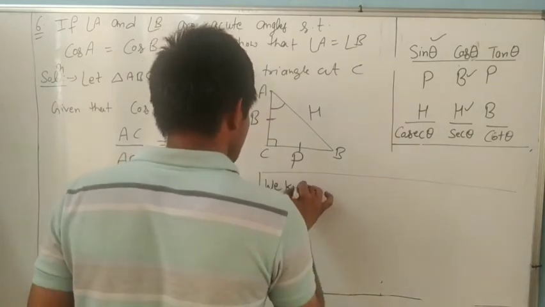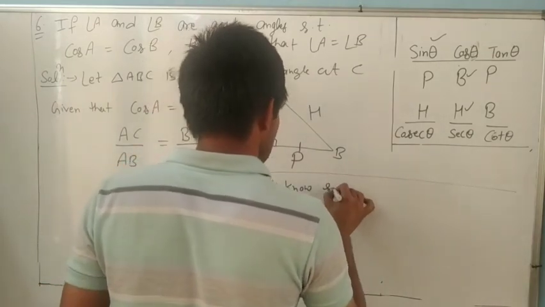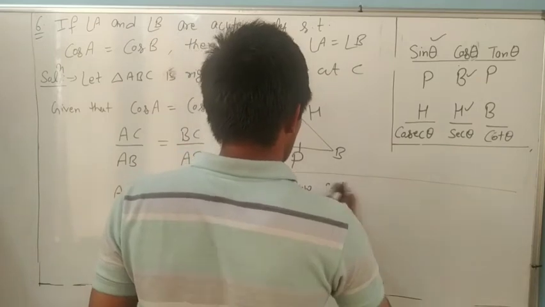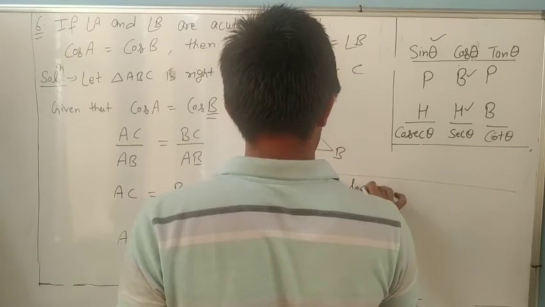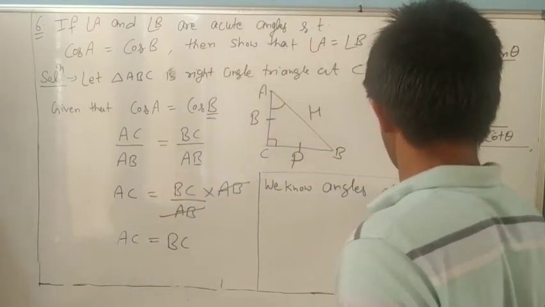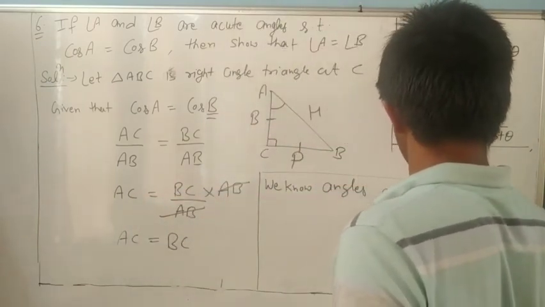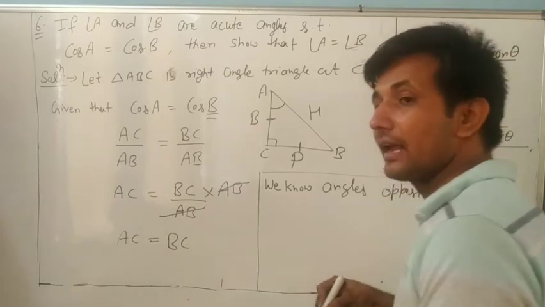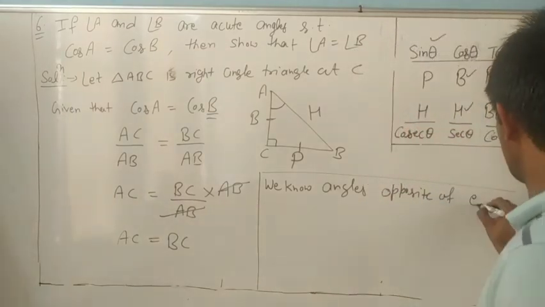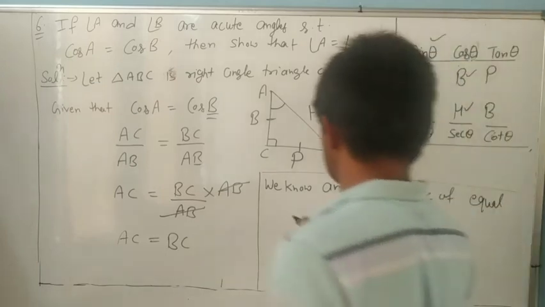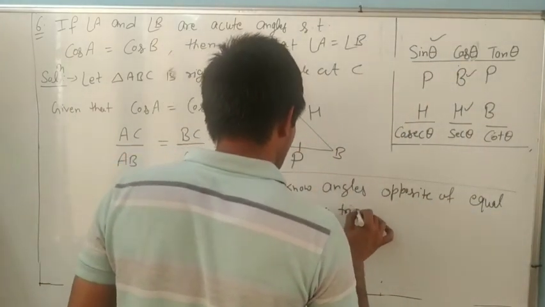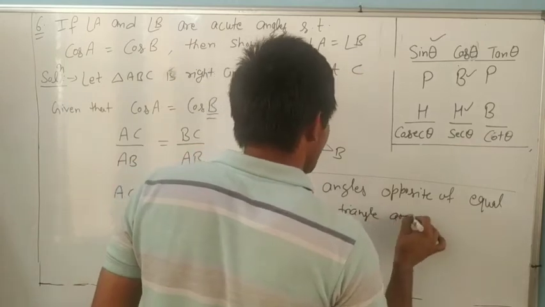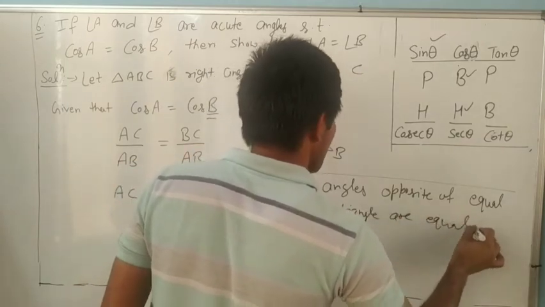We know that angles opposite to equal sides in a triangle are equal.